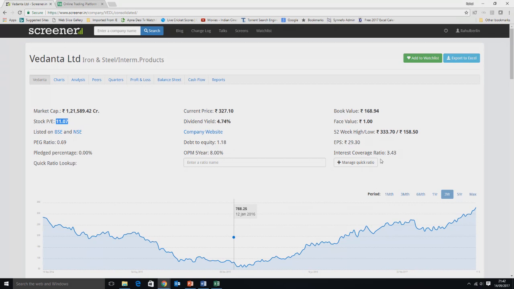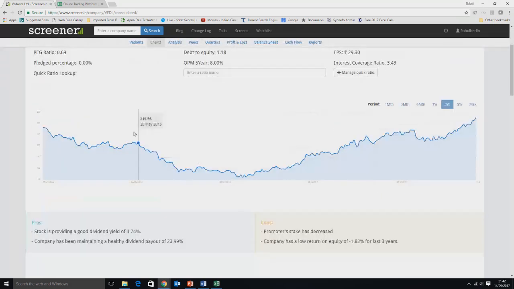So it's okay. But if you look at this graph on a 3 year basis, it's more or less forming a long-term double. Tell me, what is forming here and what is forming here? It's roughly around 285 and 329. Yes, more or less a double top, right?